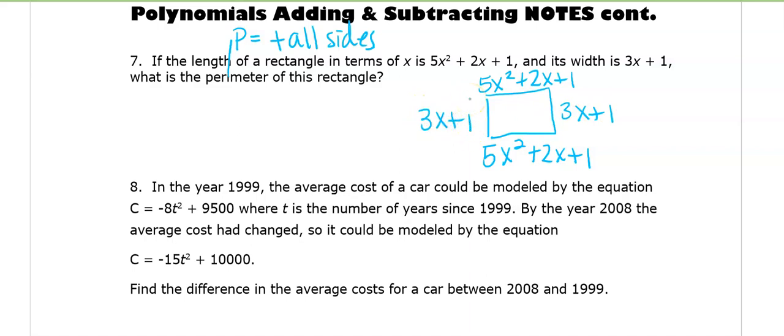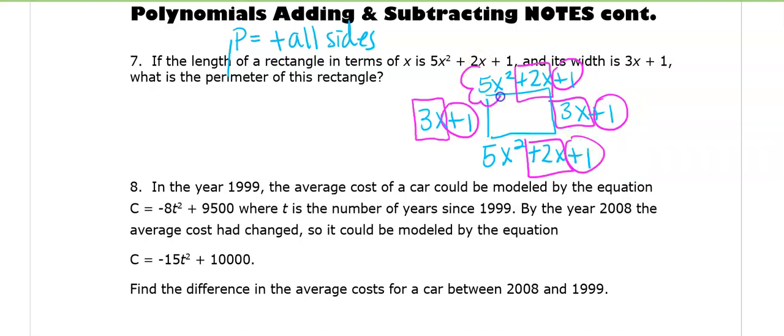So right here, since it's adding, I can just combine them all. I don't have to do anything special. So I'm going to come over here and say, who has the same last name as 3x? That would be 3x, 2x, 3x, and 2x. Who has the same last name as 1? All the 1s. And then this problem has its own little last name over here, the x squared, which is actually going to come first in proper form.